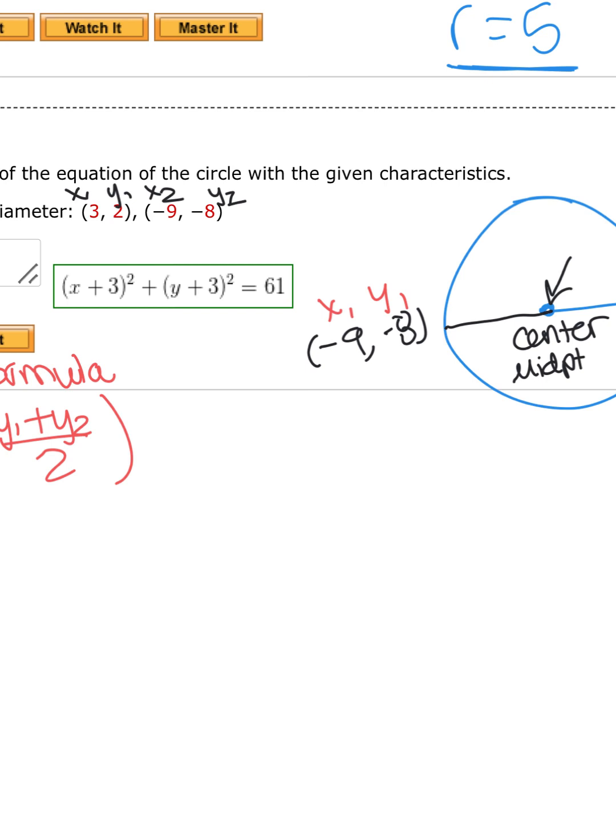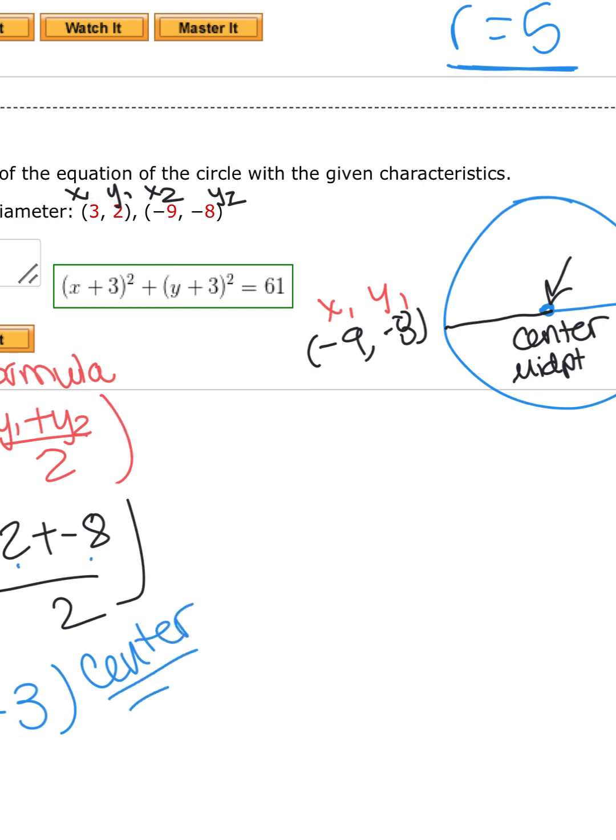So I'll have (3 plus negative 9 over 2, comma, 2 plus negative 8 over 2). And so this will become negative 3, and right here, that would also be negative 3. Okay, so that gives me the center.